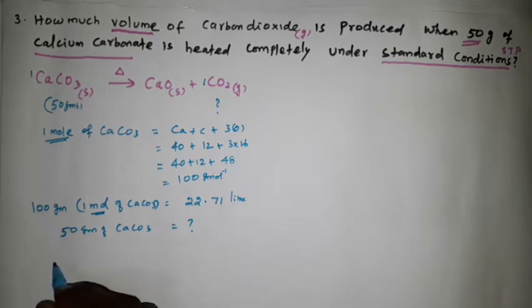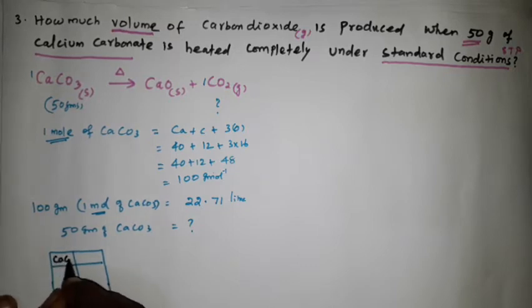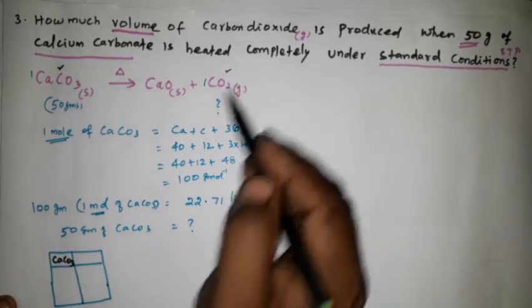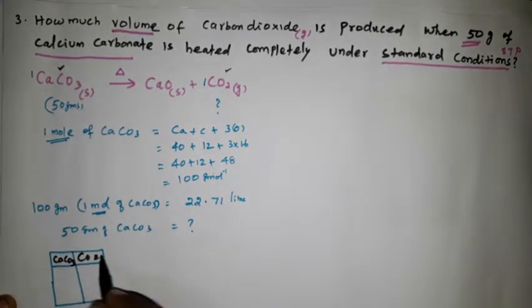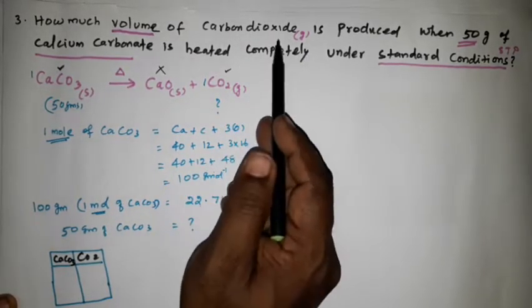In the last video I told one small shortcut method. Just make one box. Here write calcium carbonate. This is one substance, this is another substance. Take CO2. The rest we need not consider because in the question only carbon dioxide is asked.